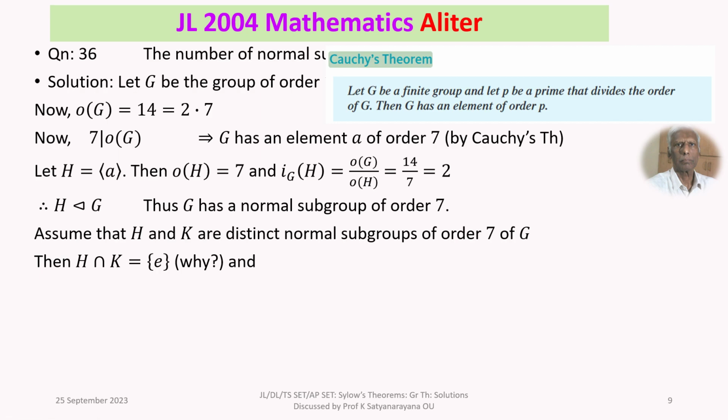If the order of H intersection K is 7, then H is equal to K. Therefore, the order of H intersection K is 1, so H intersection K is the identity element alone.